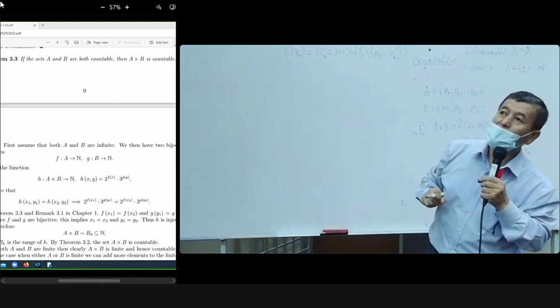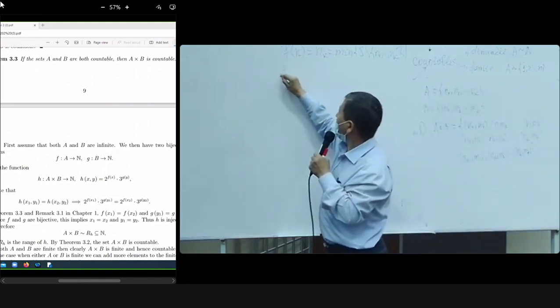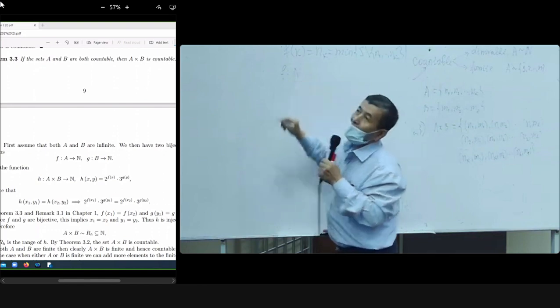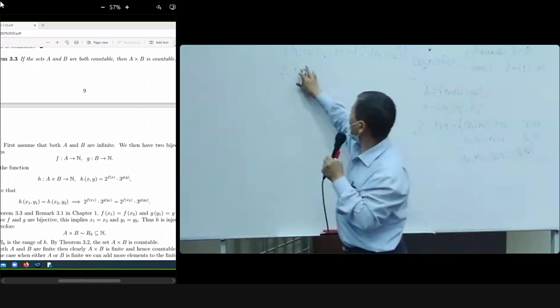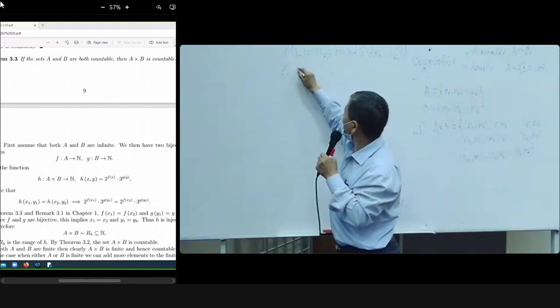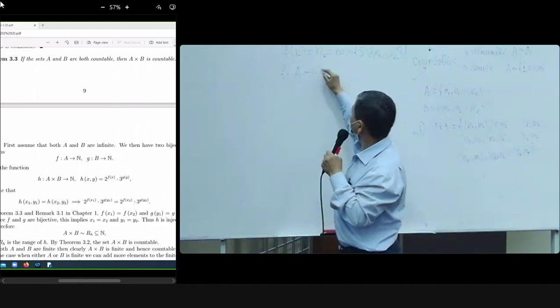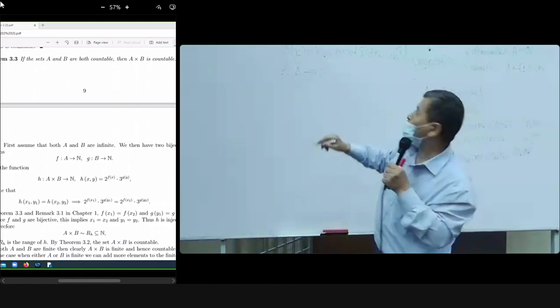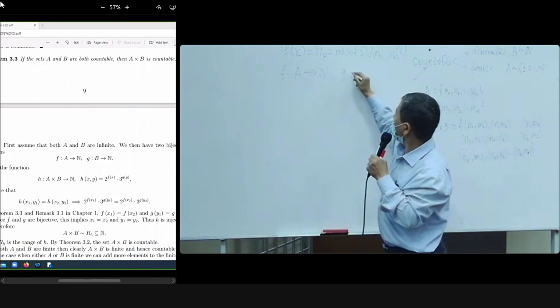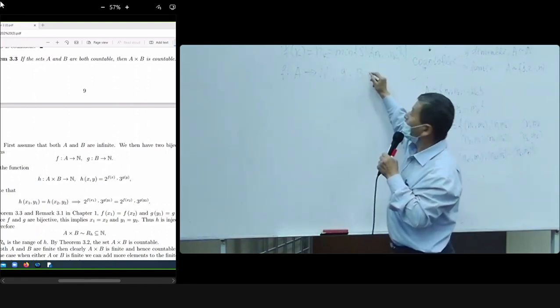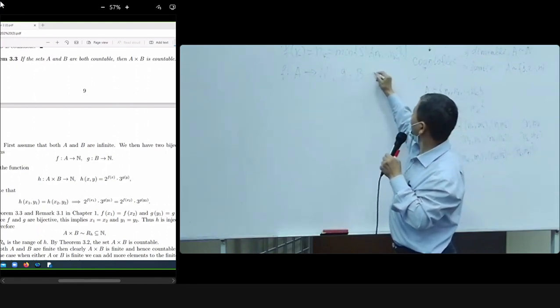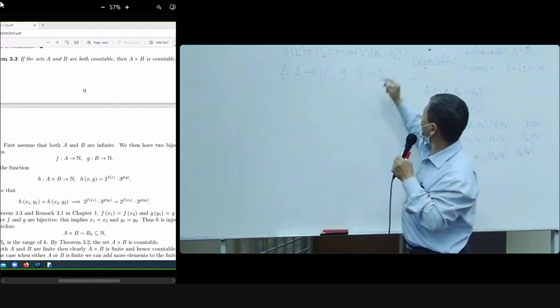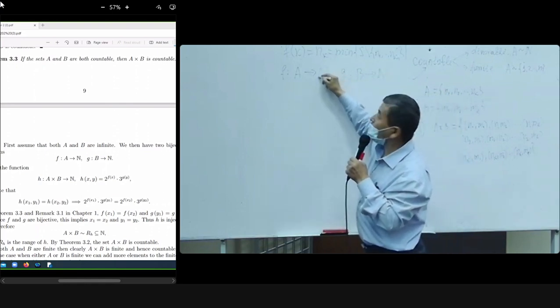Define it now. F mapping A to N, and G mapping B to N also. N is the natural number set.